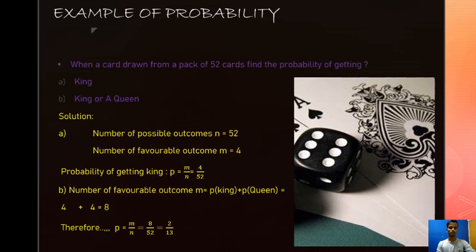We shall take the example of a king or a queen, because it will be either a king or a queen. So we shall take it as 4 plus 4 which will be equal to 8. So the probability of getting a king or a queen is equal to m by n, that is 8 by 52. We shall be getting the answer as 2 by 13.